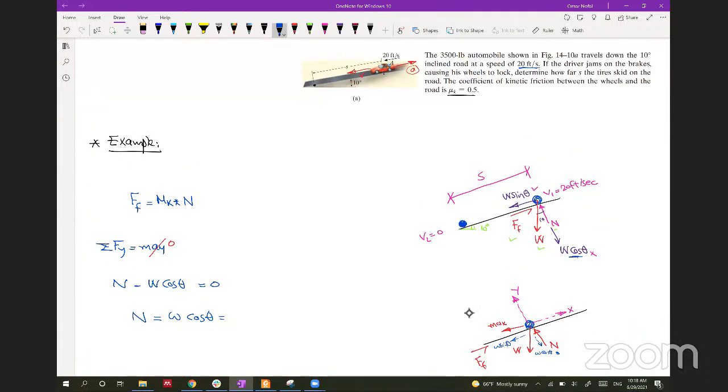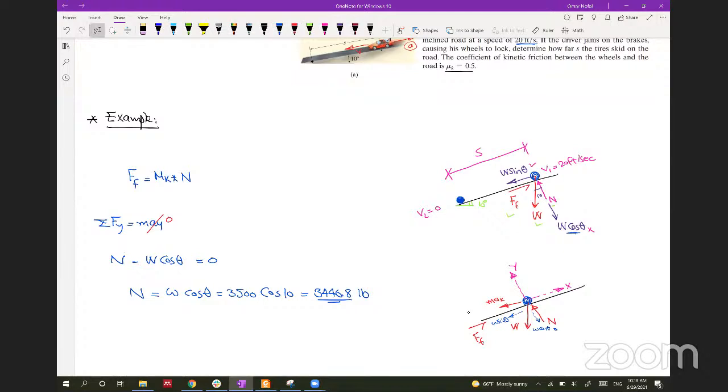and it's a given that W of the car is 3,500 pounds times cosine 10, and this will give us the normal force equal to 3,446.8 pounds. So we got the normal force. I don't need the normal force for the work, but I need it for the friction.